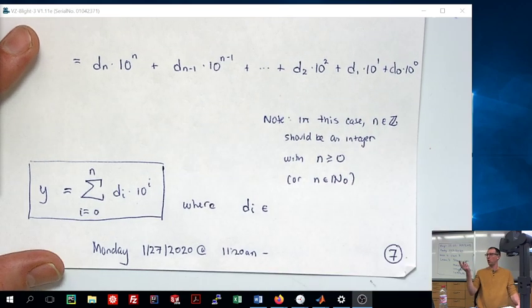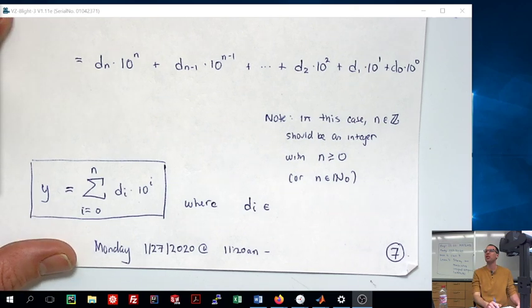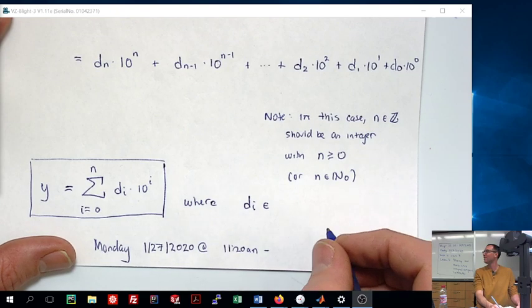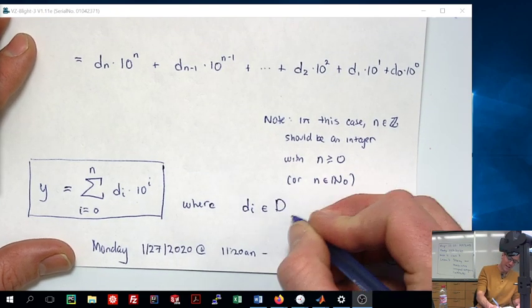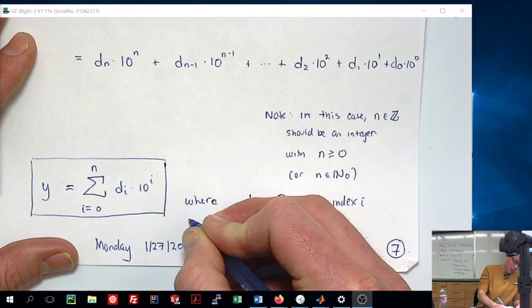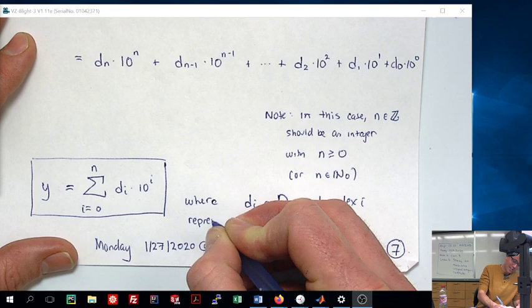Do you remember I was calling for you all to suggest a better representation for that set? 0 to 9. Do you remember what I called that set? D. Capital D. And index i represents what?